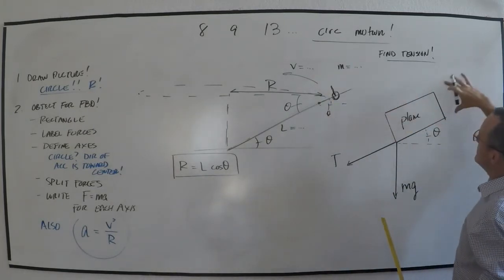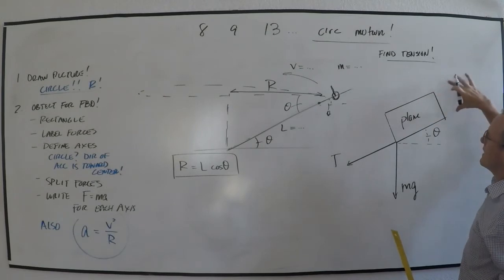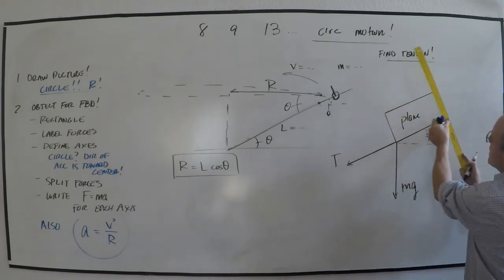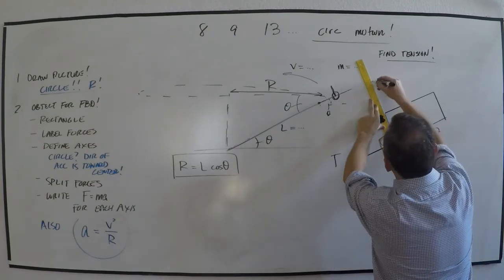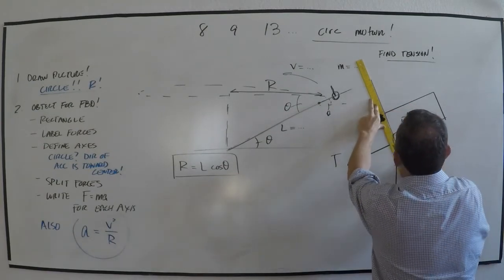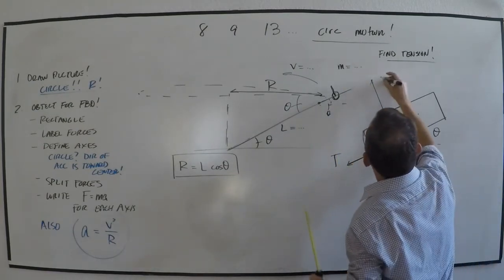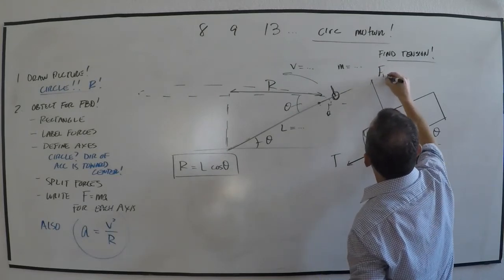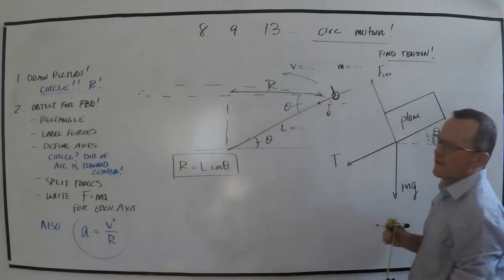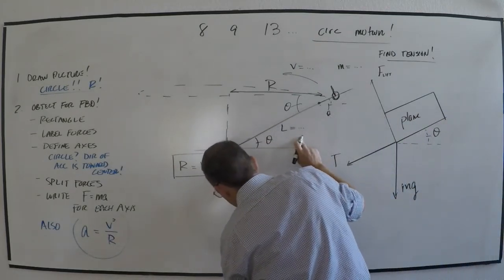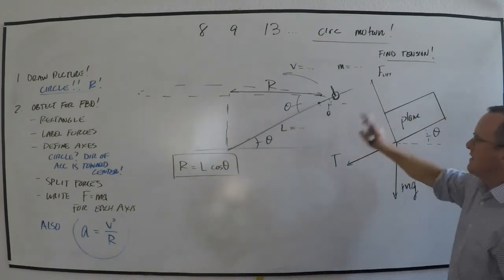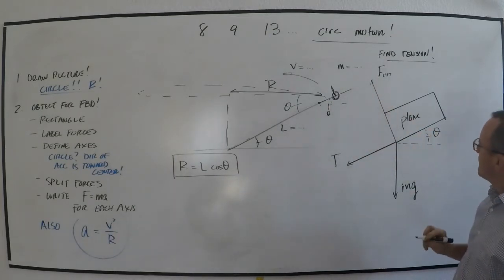Well, these sides of the rectangle are parallel to the wings, so these sides are perpendicular to the wings, which means you can just extend this side of the rectangle, and I'm just going to call it F lift, kind of like what they did, I think. I have L for the length of the wire here, and I don't want to confuse this L with the lift force.